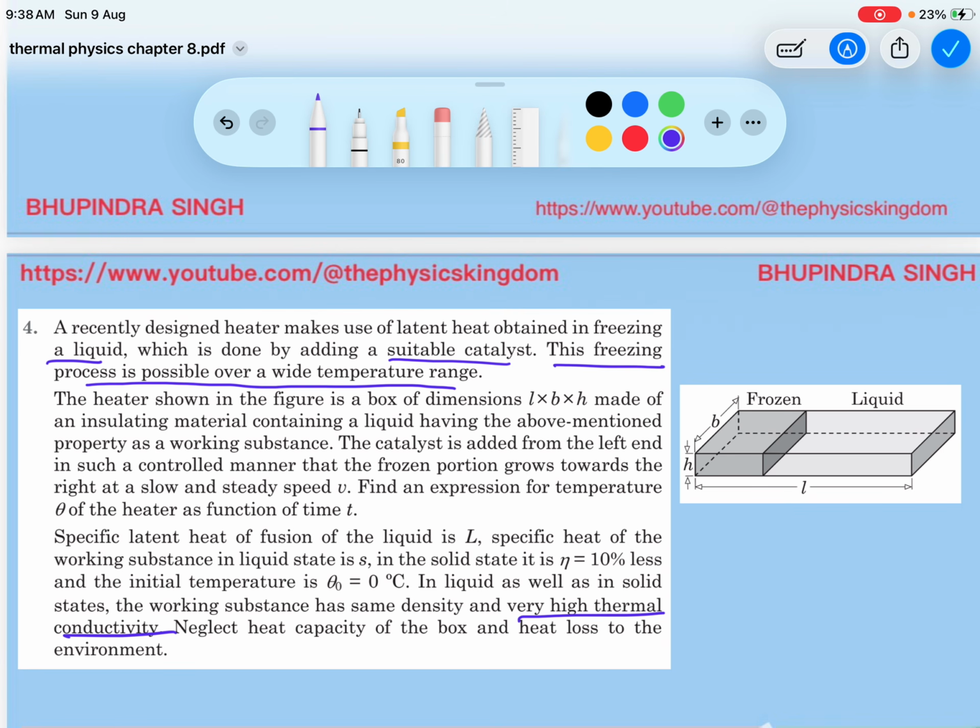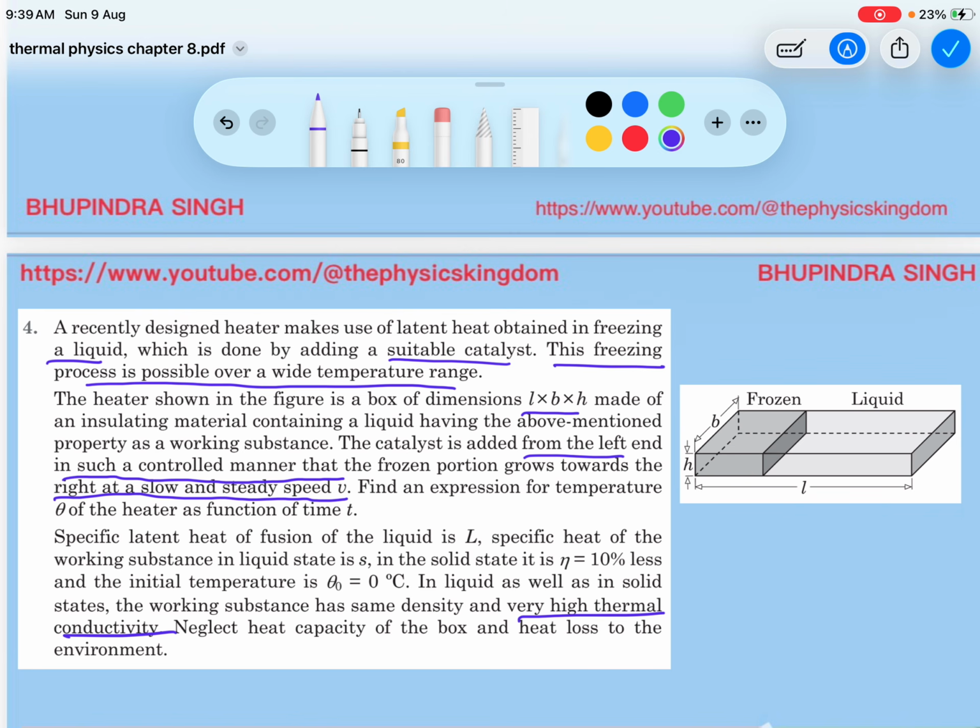The heater shown in the figure is a box, a right heater, with dimensions given, made of an insulating material containing a liquid having the above mentioned property as a working substance. The catalyst is added from the left in such a controlled manner that the frozen portion grows towards the right at a slow and steady rate V. It means in any small interval we can find out how much volume of liquid is freezing.